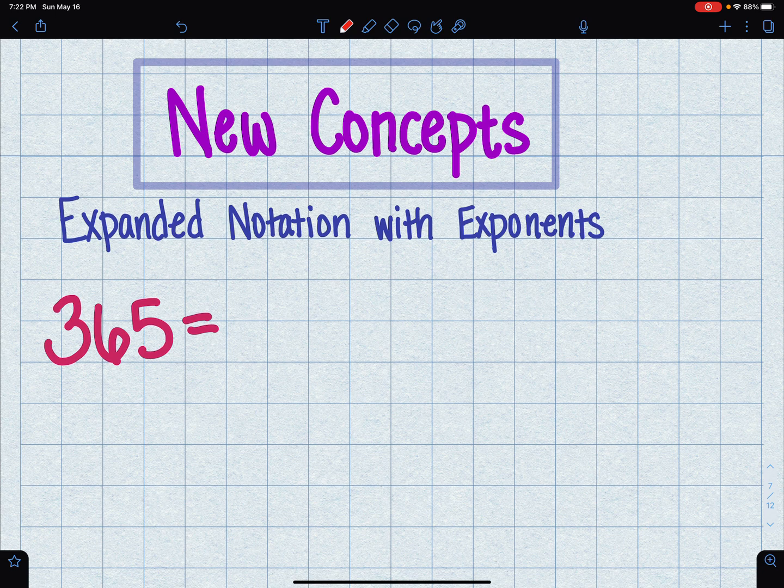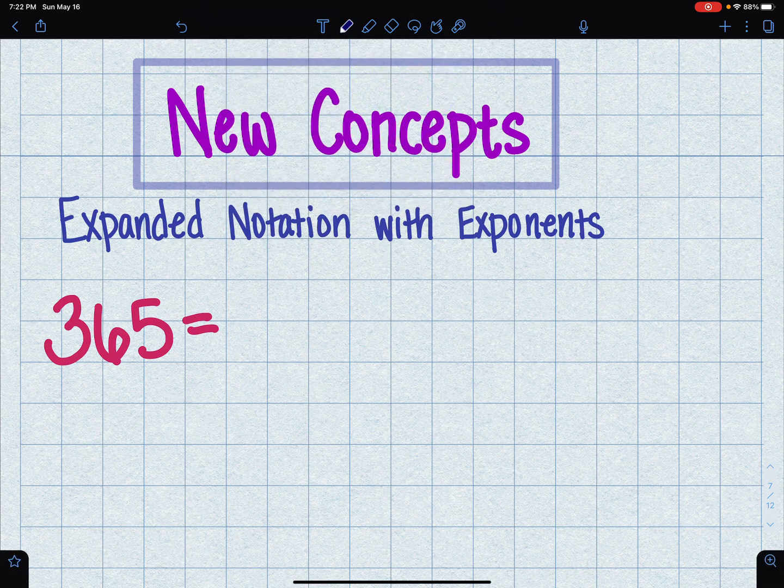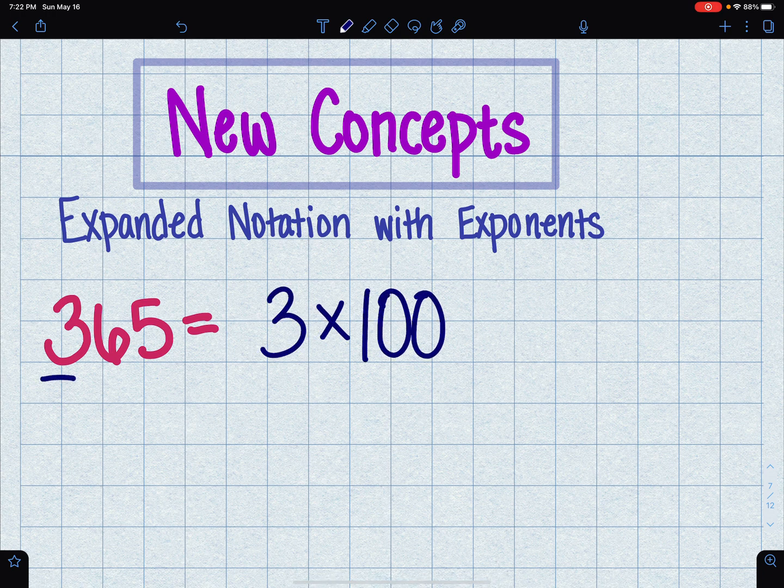The way we do it, if you're just writing whole numbers in expanded notation, you take a number like 365, and what we would do is take that 3 times 100, so that would make 300.